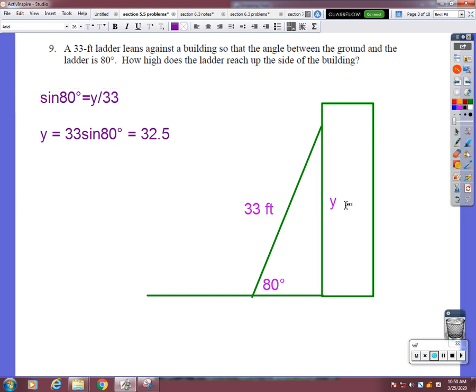Okay, so kind of weird. The ladder's 33 feet. It's 32.5 feet up the side of the wall, so it's almost about the size of the ladder. That seems like that might be a dangerous angle for you to be on a ladder.